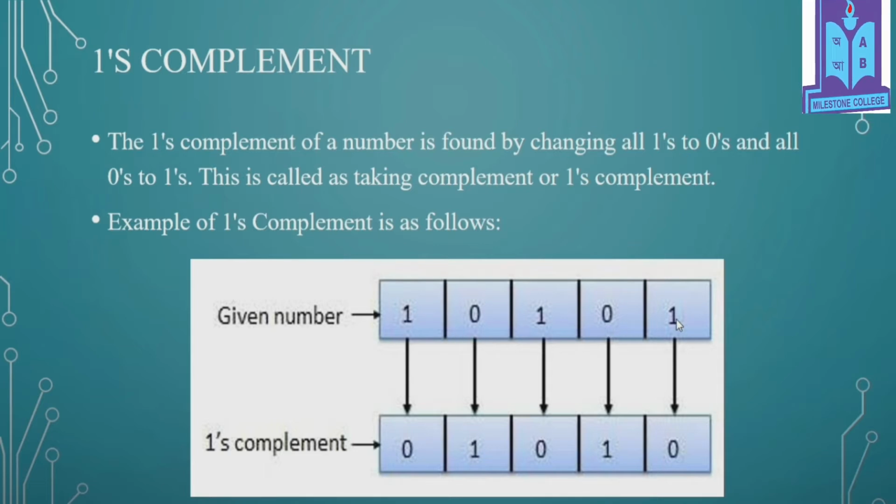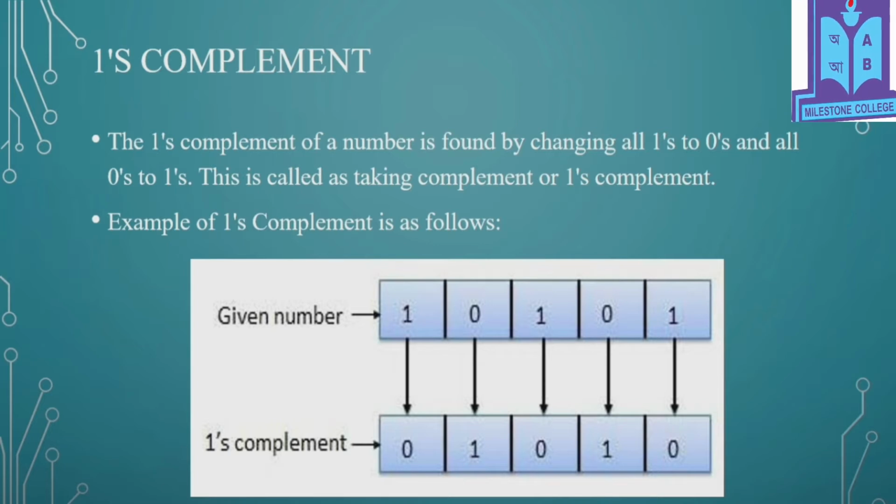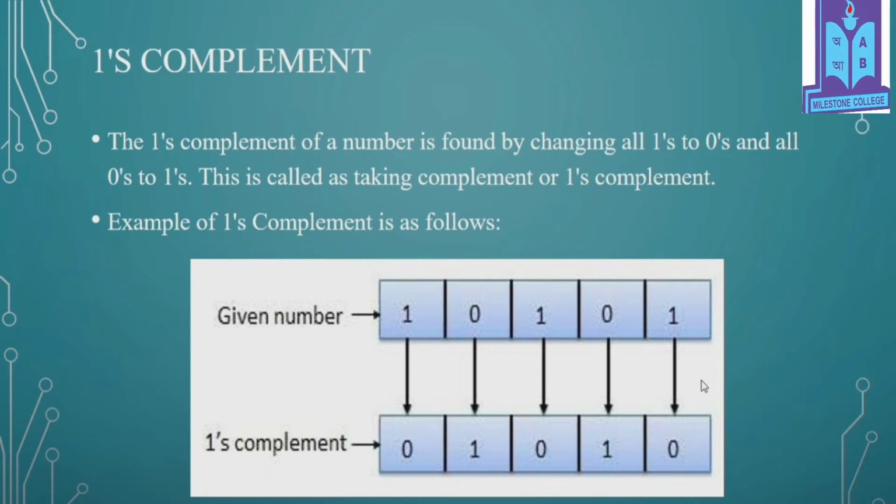The 1's complement is simple. 1 will be complemented by 0, 0 will be complemented by 1, again 1 by 0 and 0 by 1, and similarly 1 by 0. This is the simple process to make the complement of a binary number: just change the 1s to 0s and 0s to 1s.